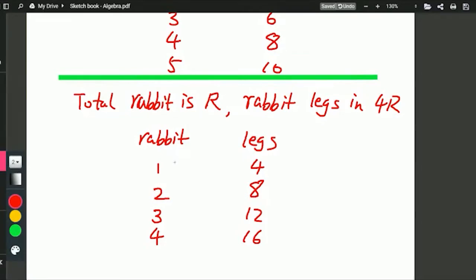So since each rabbit has 4 legs, the total legs is 4 times the number of rabbits.